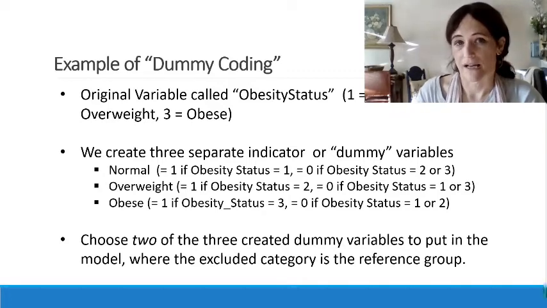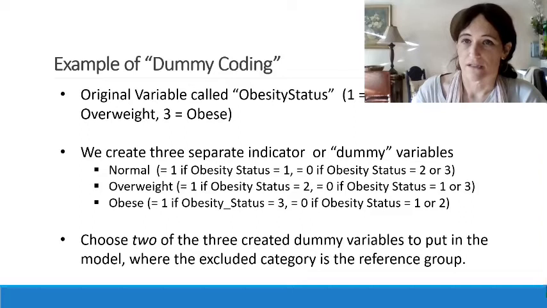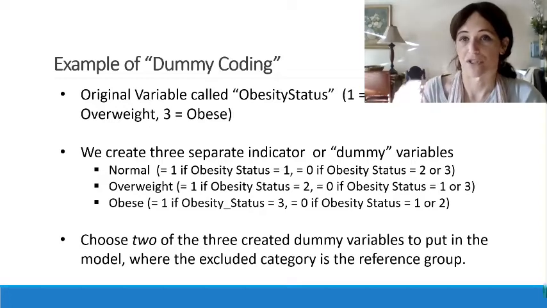We have normal weight, overweight, and obese. And let's say we have it coded originally 1, 2, and 3, where 1 equals normal weight, 2 equals overweight, and 3 equals obese. What we can do is create 3 separate indicator or dummy variables representing group membership in each of those values or categories.